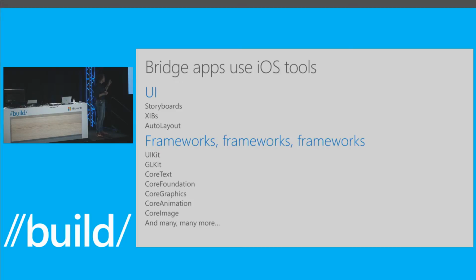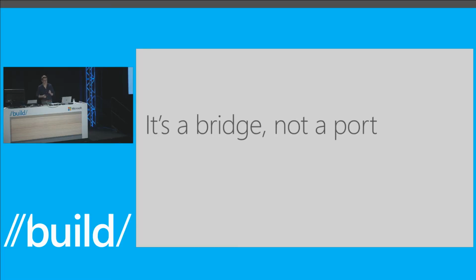Now, we've talked a lot about frameworks. We've talked about UIKit and Core Foundation and Core Graphics and all these other pieces of the iOS world that we've made available to you on Windows. And there are tons of these frameworks. Now, we have this saying on the team that it's a bridge, not a port. And we say that for two reasons. The first reason is that these aren't ported apps in the traditional sense. These are native UWP apps.